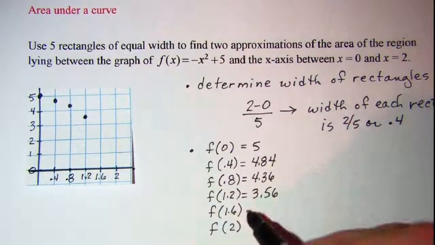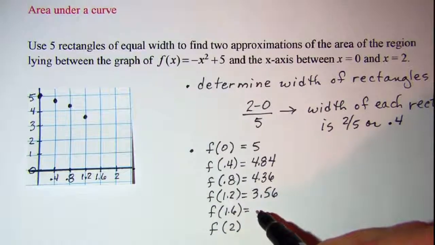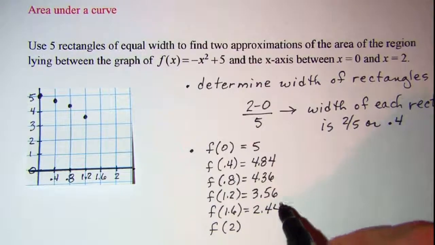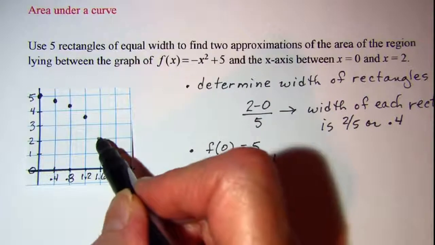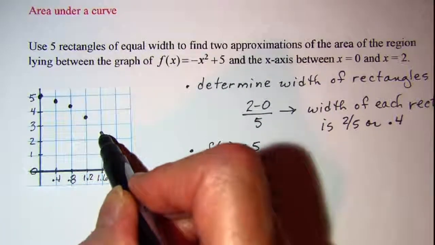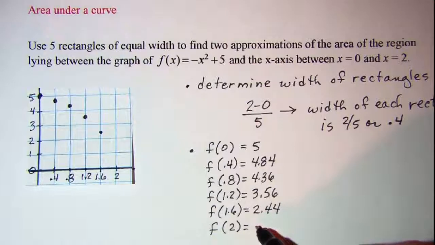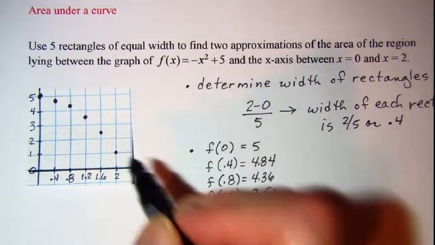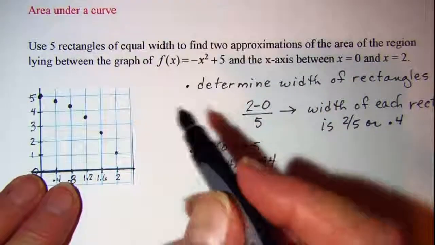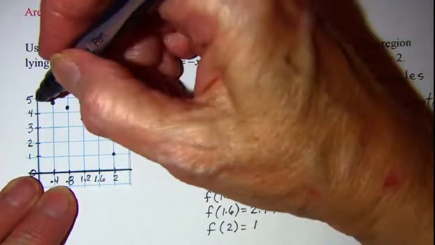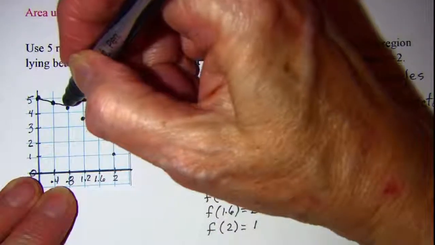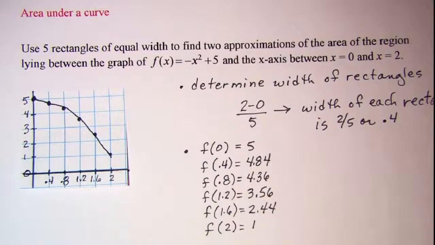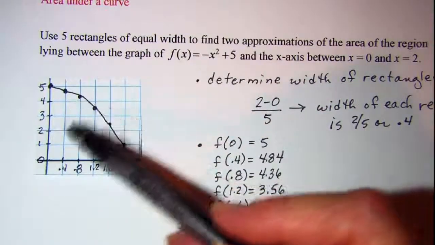About here. When x is 1.6, we have 2.44. And when x is 2, we have 1. So our function, the curve, looks like this. And we're estimating the area under the curve.